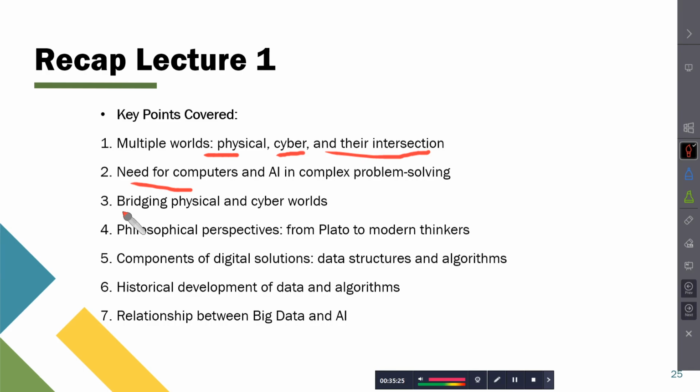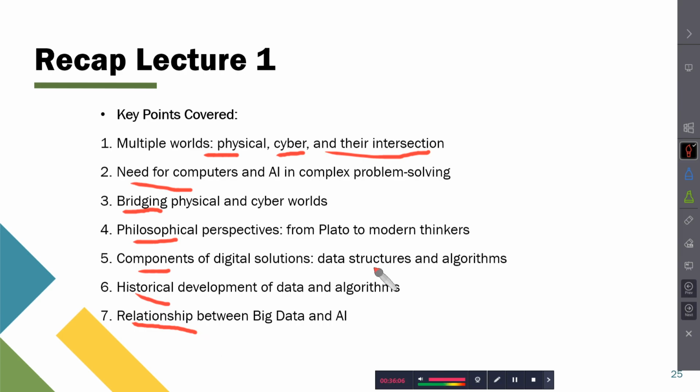Then we examined the process of bridging the physical and cyber worlds. Then we looked at the philosophical perspective on these worlds, from Plato to modern thinkers. We also broke down the components of a digital solution, data structure and algorithm. We traced the historical development of data and algorithms.